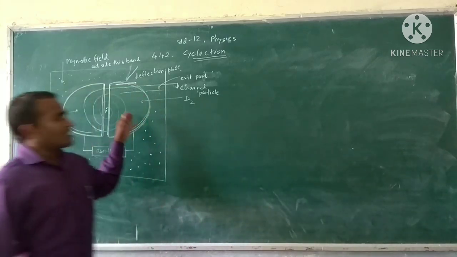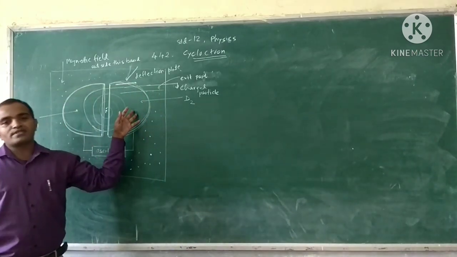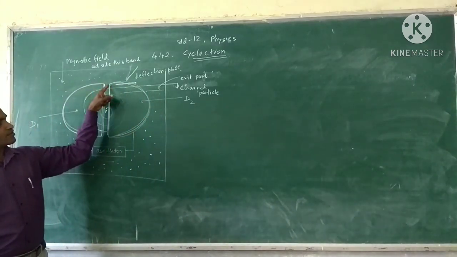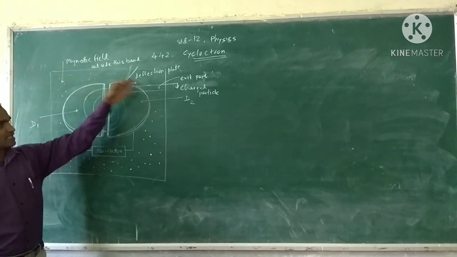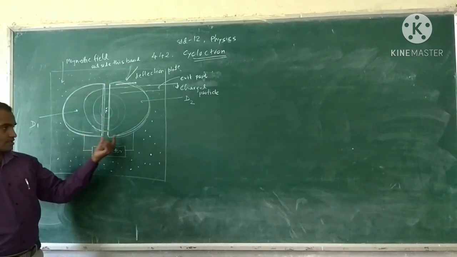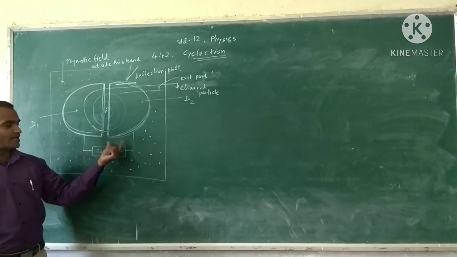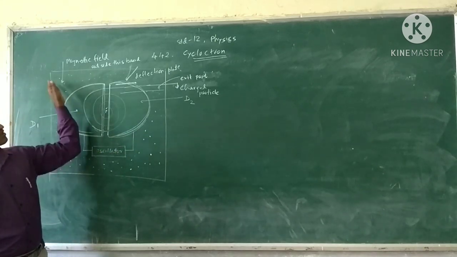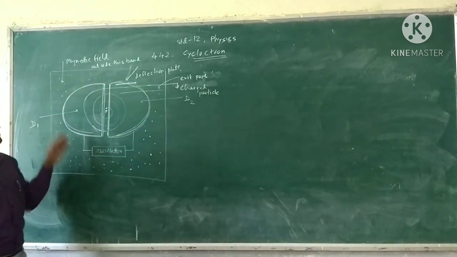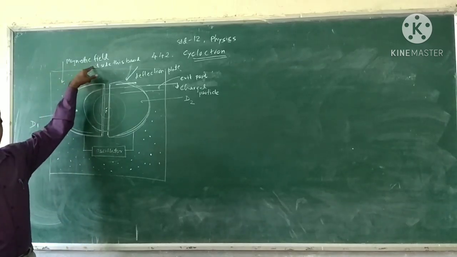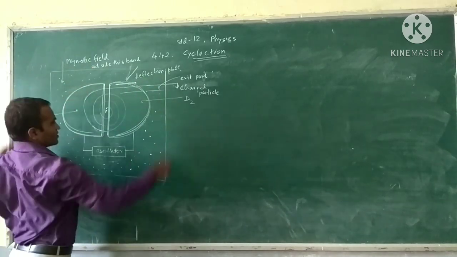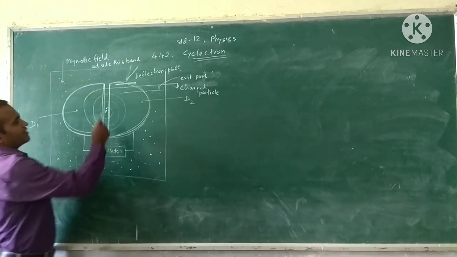Here I have drawn a schematic diagram of the cyclotron. Two D-shape discs are applied on an oscillator. This whole construction is kept in a magnetic field externally and it is in vacuum.